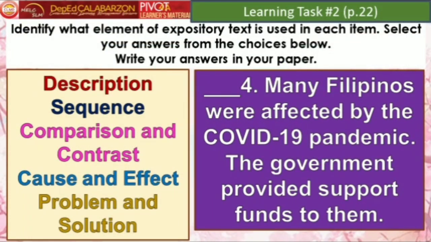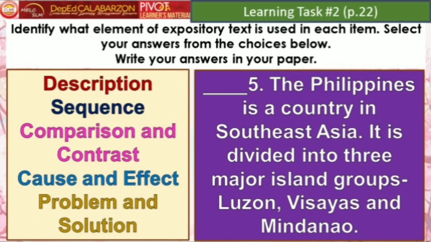Number 4. Many Filipinos were affected by the COVID-19 pandemic. The government provided support funds to them. And number 5. The Philippines is a country in Southeast Asia. It is divided into 3 major island groups: Luzon, Visayas, and Mindanao.